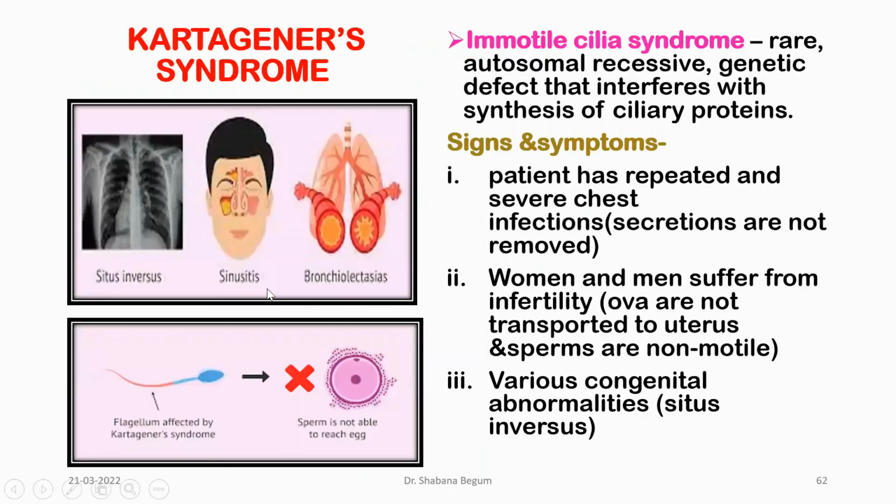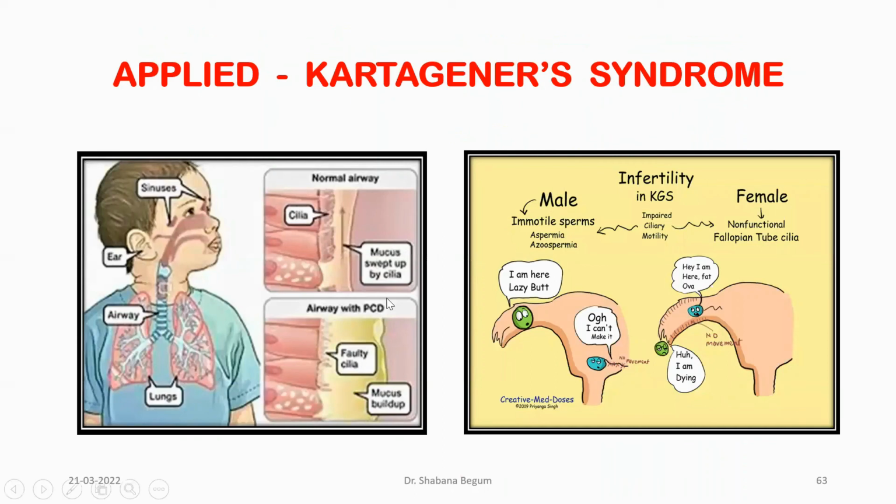Here we can see there is situs inversus, sinusitis, and bronchiectasis. Here we can see the mucus secreted from the goblet cells.